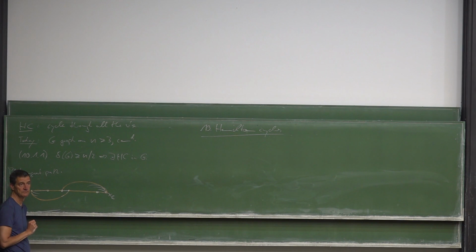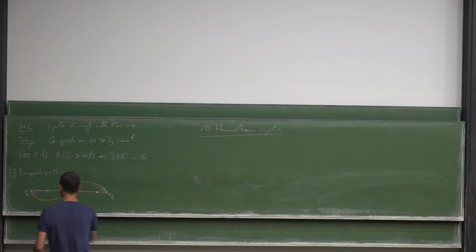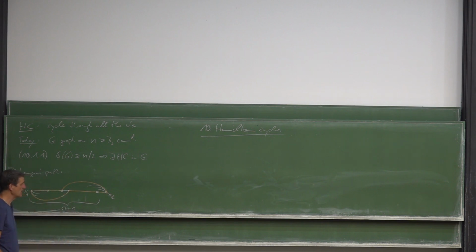Okay. But these are properties that we're considering for at most n minus 1 vertices, right?